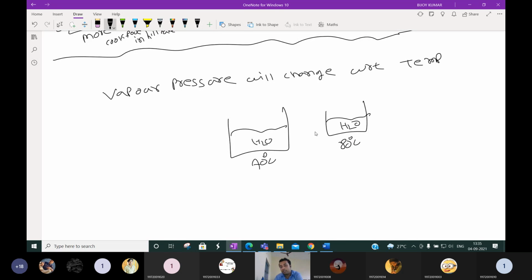In which case will more vapor come? The water I am boiling at 40 degrees centigrade and at 80 degrees centigrade, in which case will more vapor come?